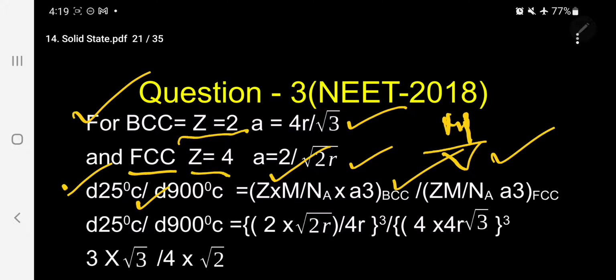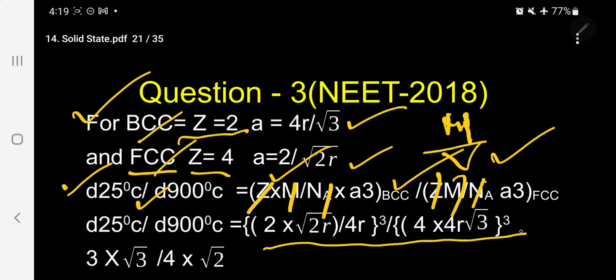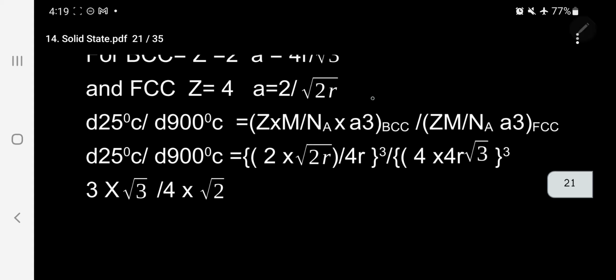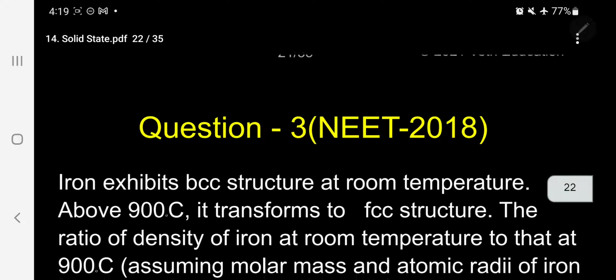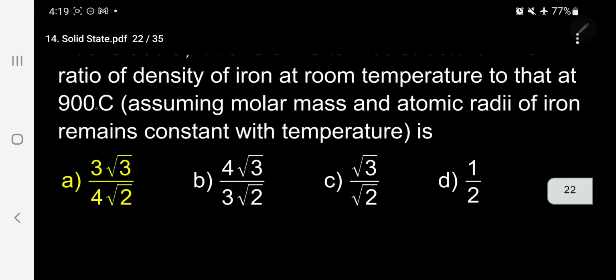So what are the common factors? M is common, N A is common, everything is common except a cube. So by substituting the a cube values for body centered and face centered, you will get this value. If you analyze this, the final answer will be 3 into root 3 divided by 4 into root 2. So kindly see here. Now we'll go for the options given. The correct answer is A. Please follow.